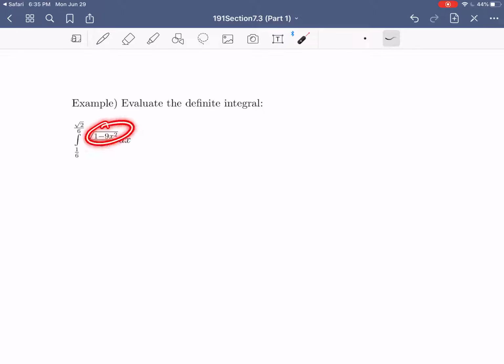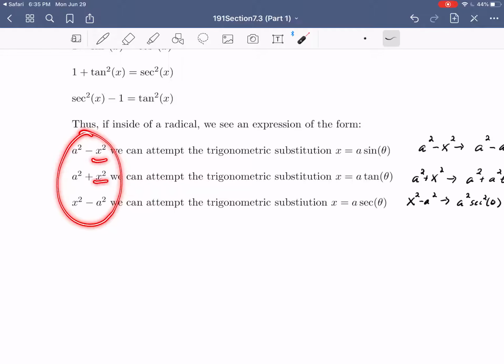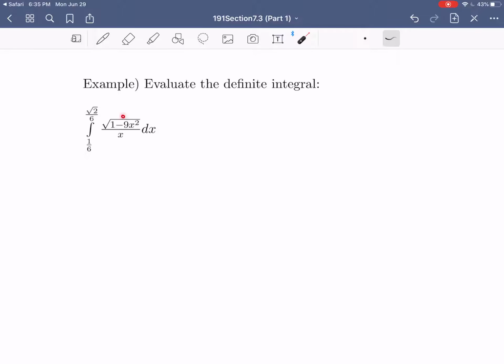Okay, so there's going to be some manipulations at the beginning here. Notice that we want the x squared by itself. If we go back to our summary, we always talked about the x squared being a term by itself. So we're going to need to do a little factoring at the beginning here. So let's start by factoring out a 9 out of this. So if we do that, we should have the integral from 1/6 to root 2 over 6.